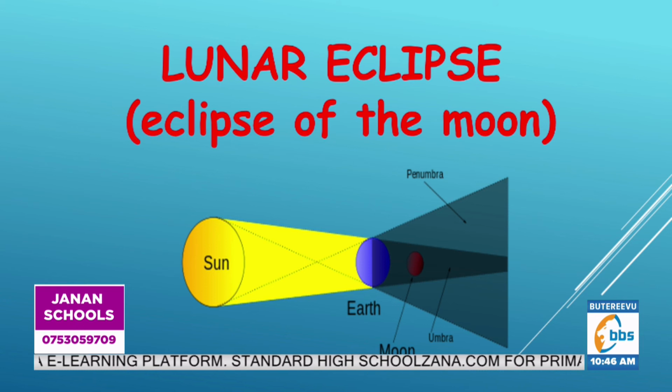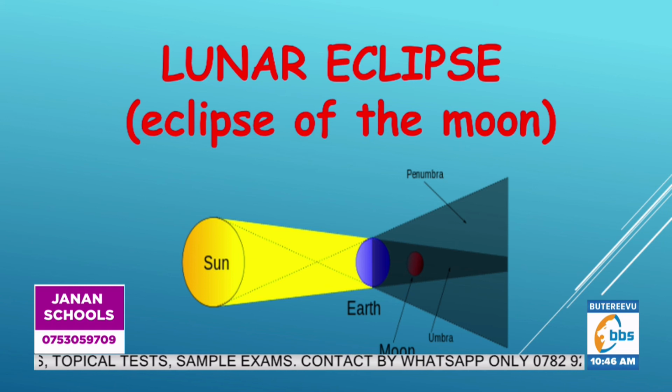It occurs when the earth is between the sun and the moon. That one mainly occurs at night. And during lunar eclipse, the earth's shadow is cast on the moon. Hope that is very clear.